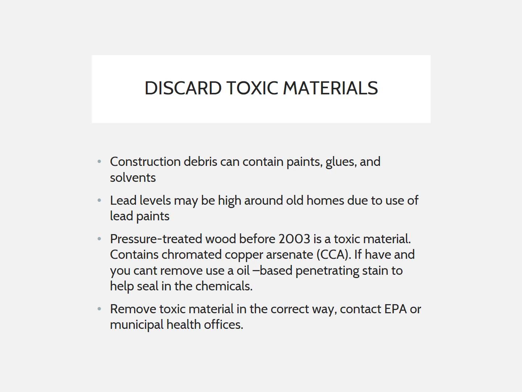So if you have it and you can't remove it, use an oil-based penetrating stain to help seal in the chemicals. To remove toxic material in the correct way, you want to contact the EPA or municipal health offices. So many of our construction materials and even landscaping materials are toxic. It's pretty sad, really.